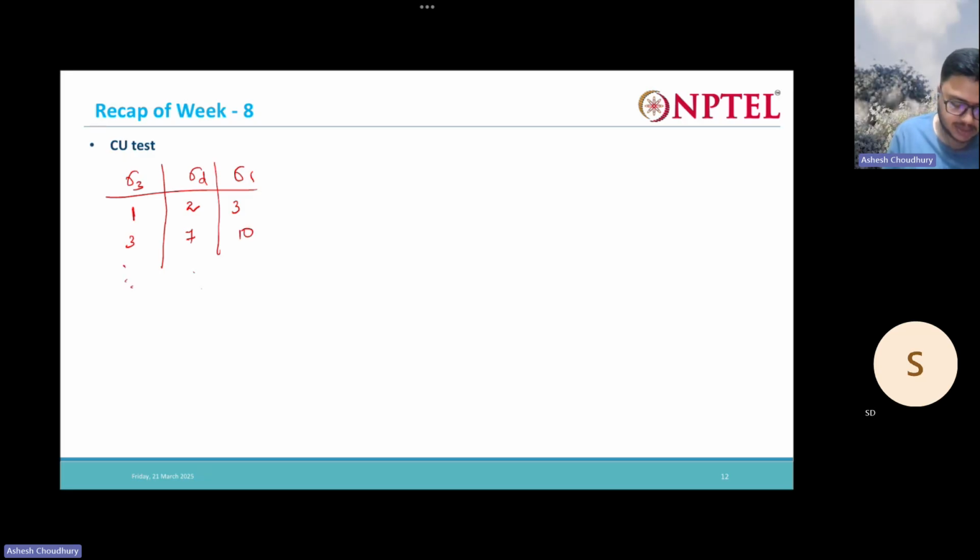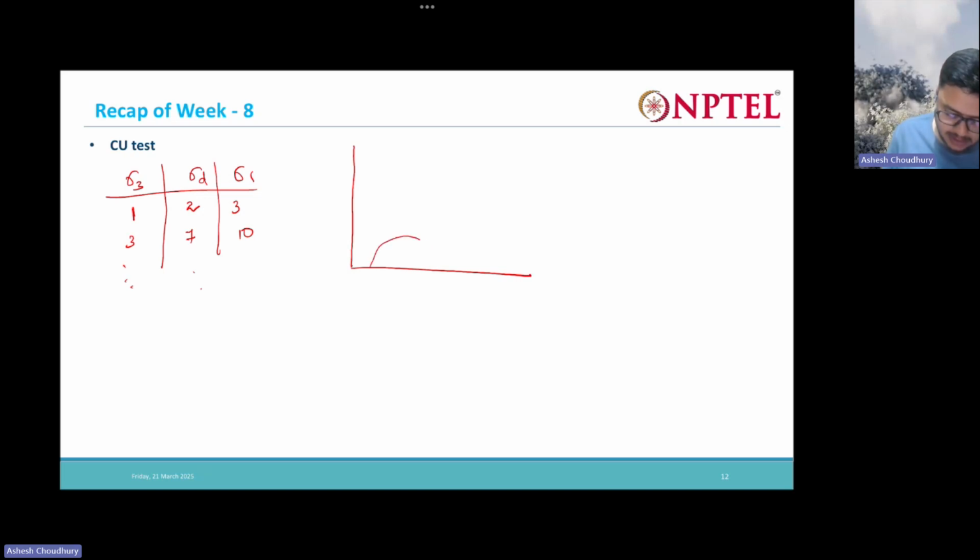So like this the test will go. If we plot the curve, first we'll get a circle like this, then you will get a bigger circle like this.